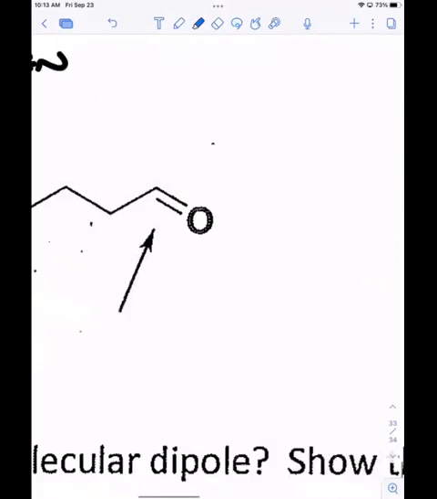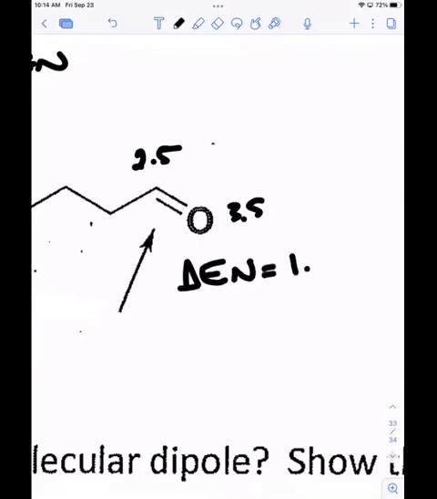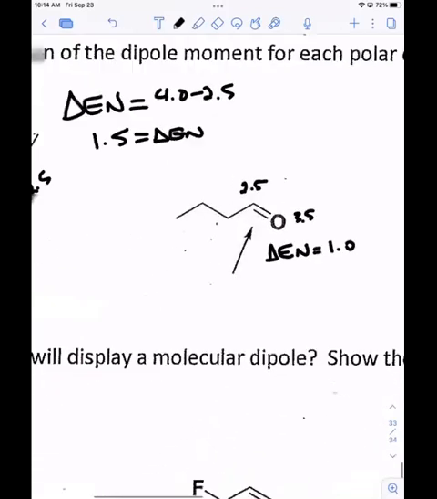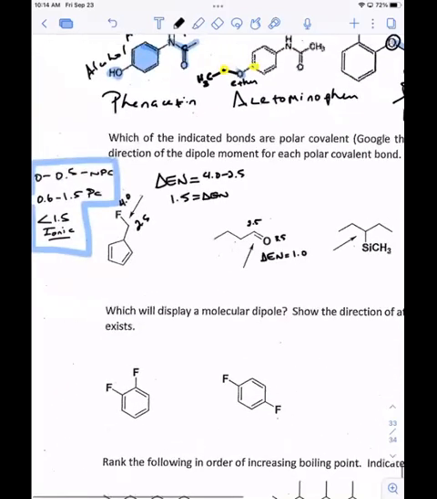What about here? Carbon is 2.5, and then oxygen is 3.5. Where does that fall? Polar covalent.